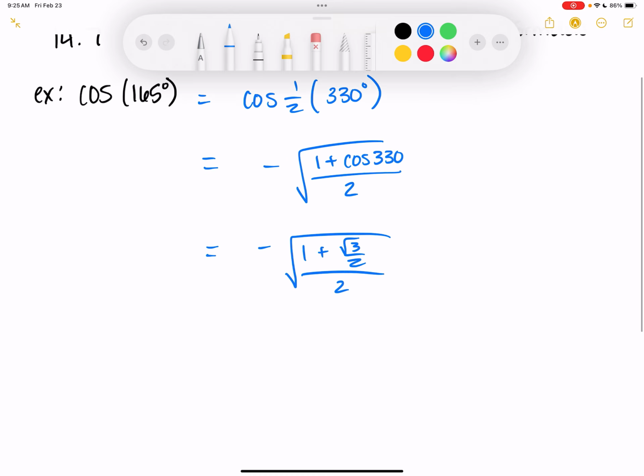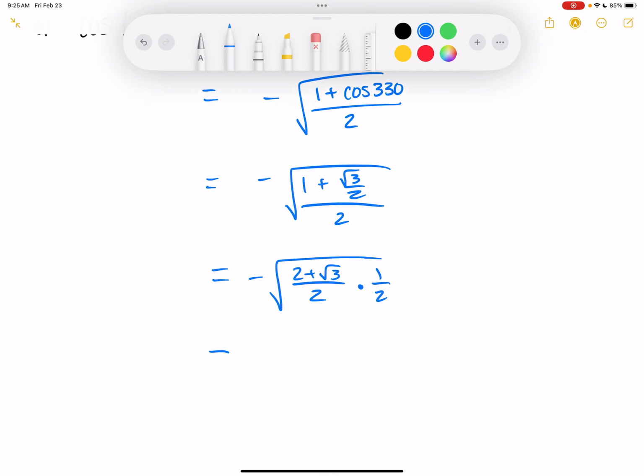So I would have negative square root of 2 plus root 3 over 2 as the top part. Divided by 2, I can multiply this whole thing by 1/2. So this would become the negative square root of 2 plus root 3 over 4.